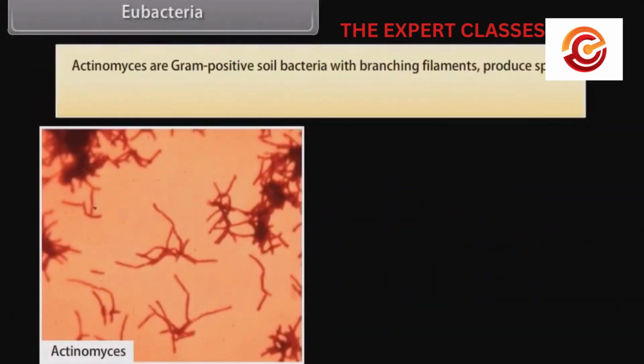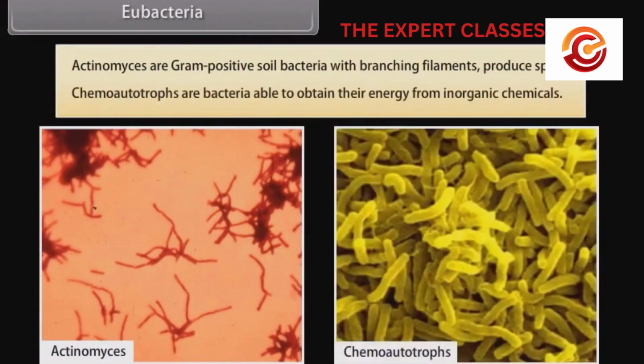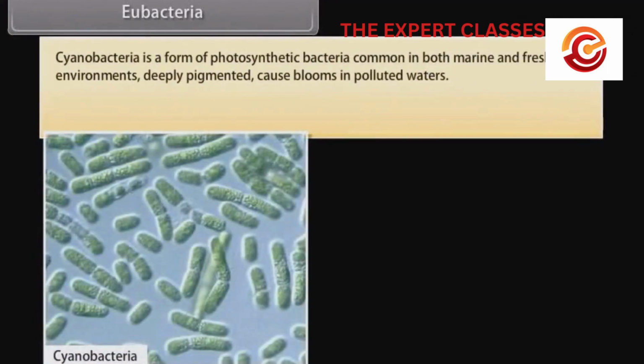Actinomyces are gram-positive soil bacteria with branching filaments that produce spores. Chemoautotrophs are bacteria able to obtain their energy from inorganic chemicals. Cyanobacteria is a form of photosynthetic bacteria common in both marine and freshwater environments, deeply pigmented, causing blooms in polluted waters.